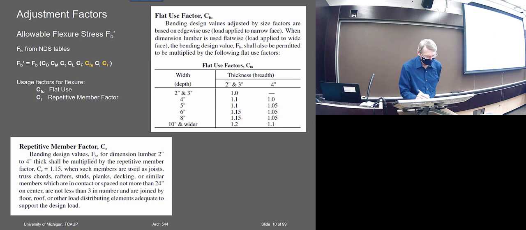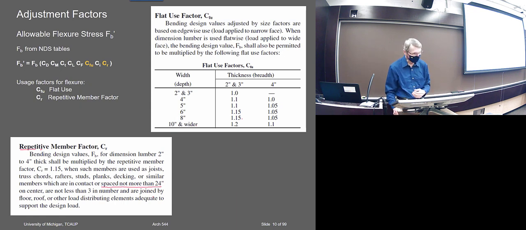And then the repetitive factor, this is much more common, of course, because all the joists are always repetitive. So if you've got joists spaced less than 24 inches on center, 24 or less, then you can apply this factor. Space not more than 24 inches.